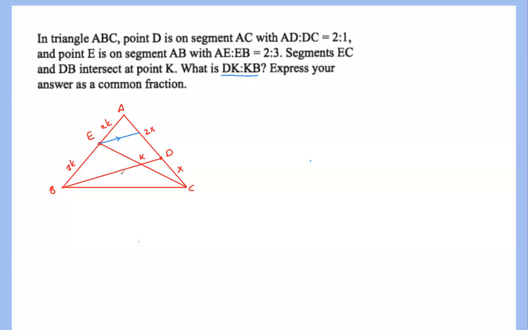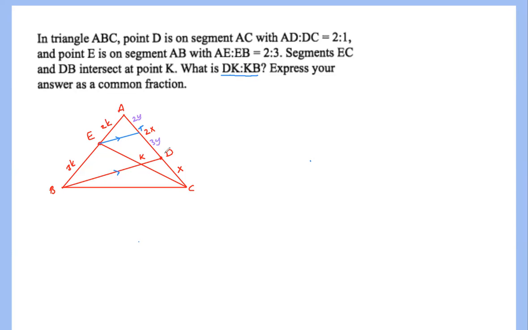Why is this important? Because if I draw this line, I do know the ratio of this to that, and that will give me the ratio of this to this as well. So let's say this is T. If I do have some ratios, then the rest will be easier to deal with. Since this is 2 to 3, if I call this 2Y, then this is going to be 3Y as well.